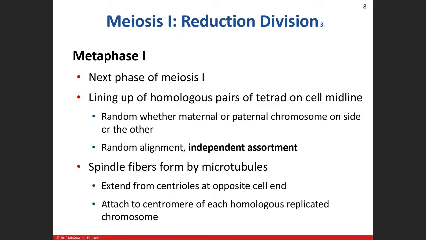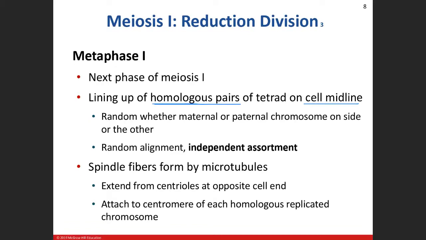So now we're going to take those homologous pairs of chromosomes and stick them at the middle, what we call the cell equator or the midline of the cell. Right? So they just randomly amble their way over to the midline of the cell. Okay? And some of those chromosomes, and there's no particular order to it, but some of the maternal chromosomes will go to one side.